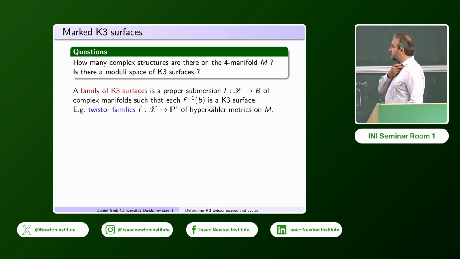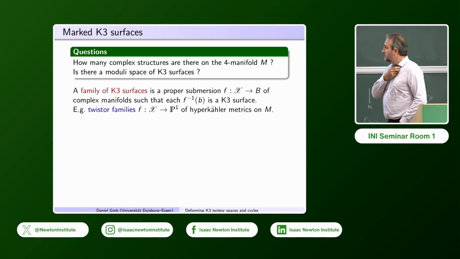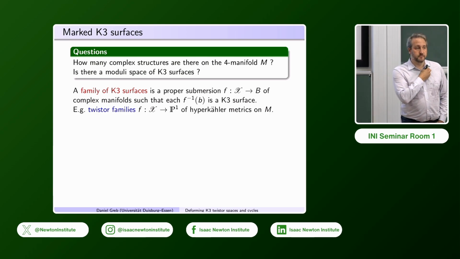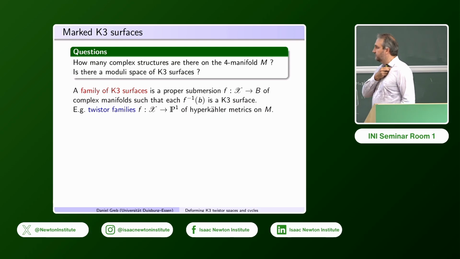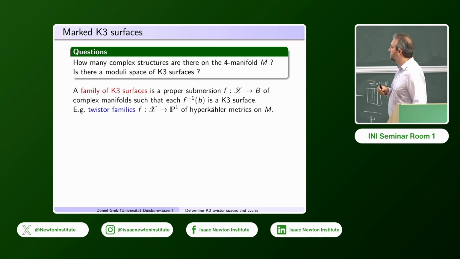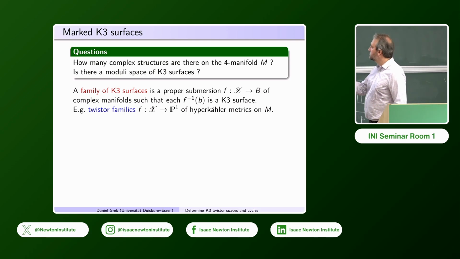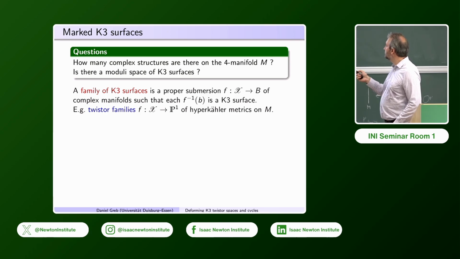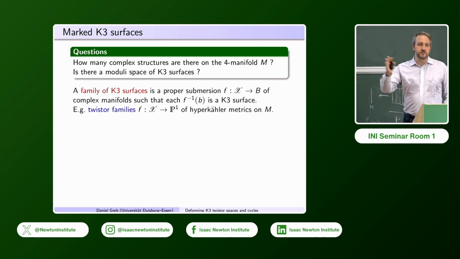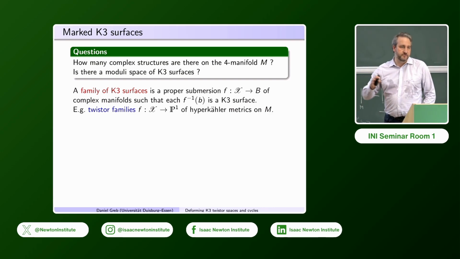The way to describe this is to consider families. That's just a definition. A family of whatever, but in our case K3 surfaces, is a proper submersion of complex manifolds. The total space is this curly X, usually over a base B, such that each fiber is a complex K3 surface.